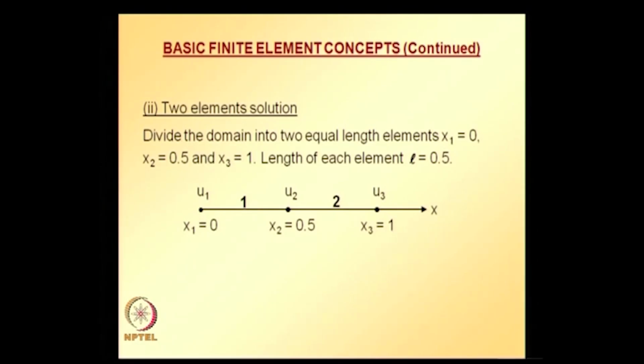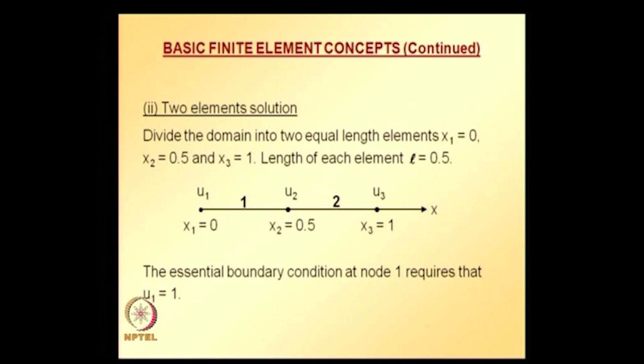Since the nodal values of the spatial coordinates and the length of each element are known, you can easily write the approximate trial solution for each of these elements. Also, noting that the essential boundary condition is prescribed at node 1, which is u evaluated at x is equal to 0 is 1, it turns out that u1 is equal to 1.